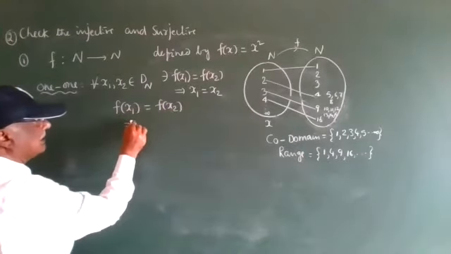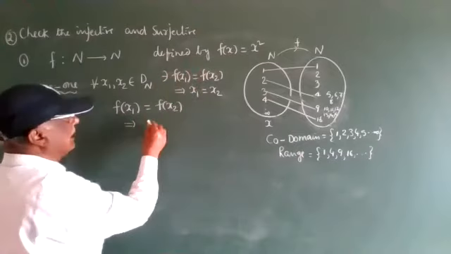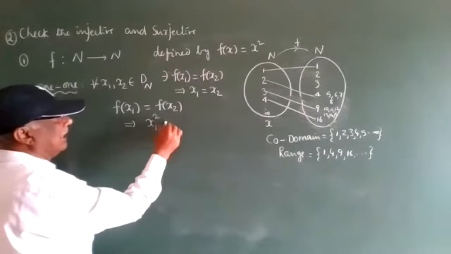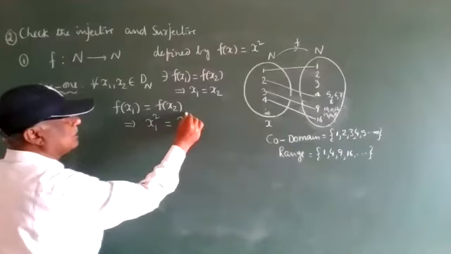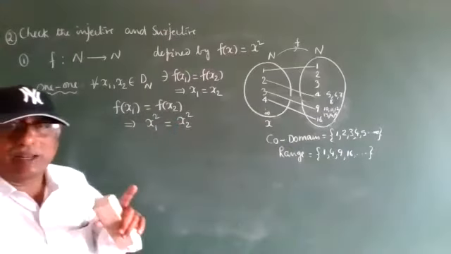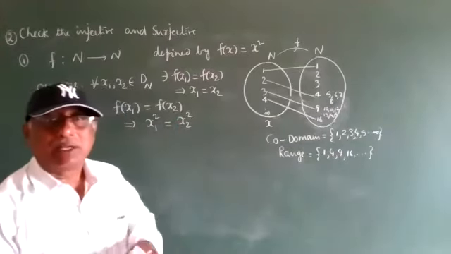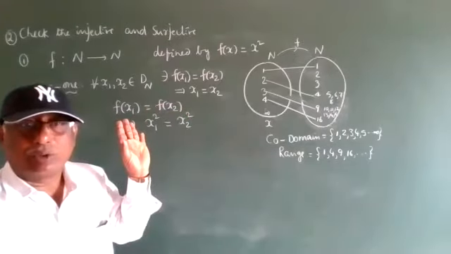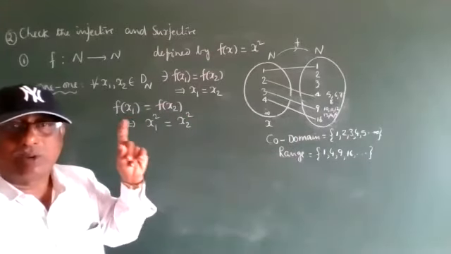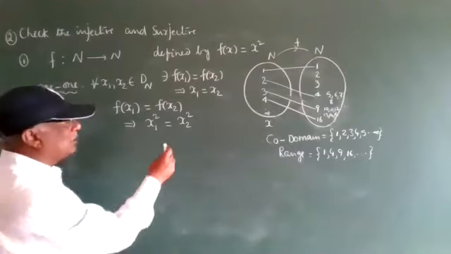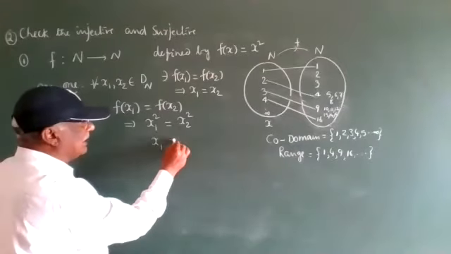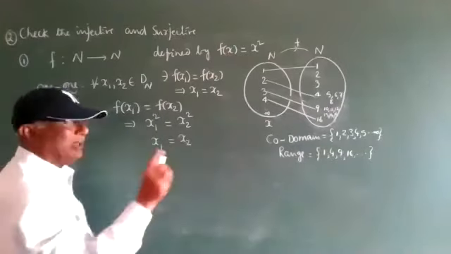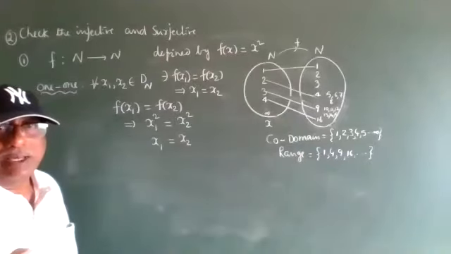That implies x1 square is equal to x2 square. Generally we put plus or minus, but natural numbers never have negative numbers, only positive numbers. Therefore, x1 is equal to x2.